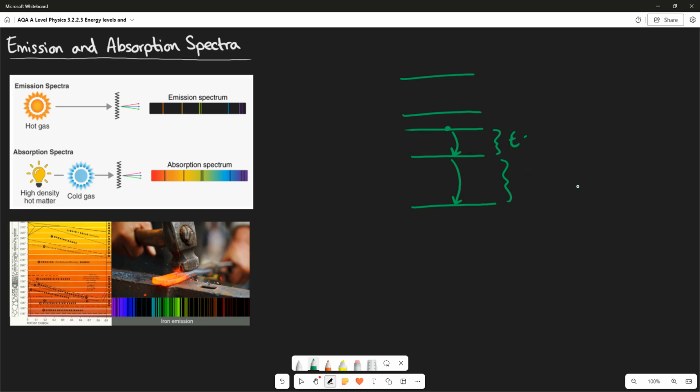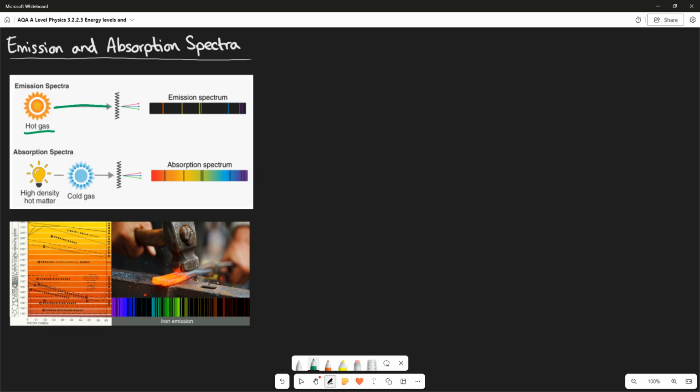We have something called emission spectra and absorption spectra. An emission spectrum is what you get when you have a hot gas and the electrons inside the gas are being excited to higher energy levels by that heat, and then the electrons are falling down and releasing photons.